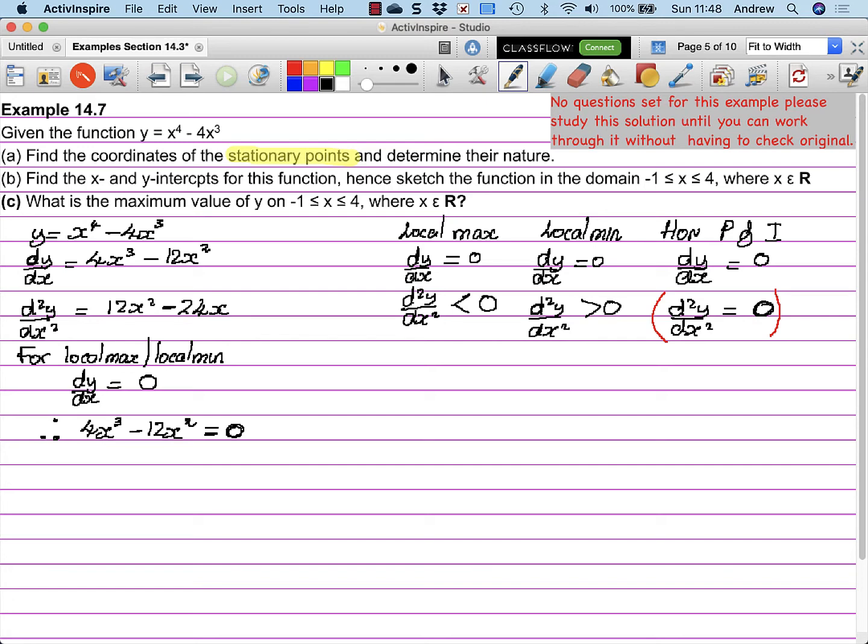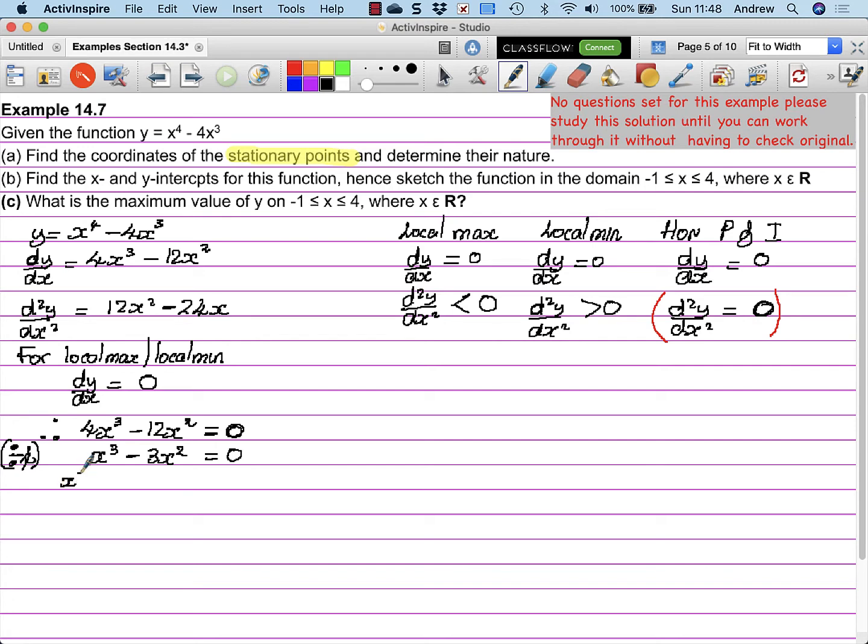Well, can we divide across by 4? Don't forget, never ever divide across by letters. If you do, you will lose a solution and you will lose a heap of marks. But you can divide across by numbers. So we've got x cubed minus 3x squared is equal to 0. Do we have a common factor? We surely do. The common factor for this pair of terms is x squared.